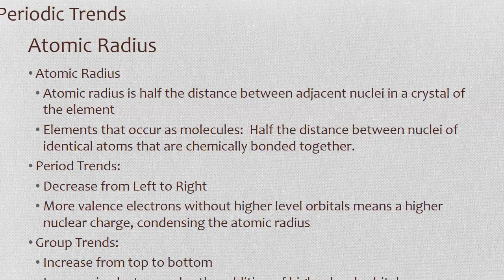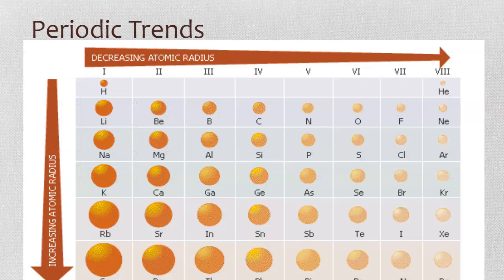From top to bottom, they get bigger simply because there are more electrons as you go down the periodic table. Therefore, the radius is going to be bigger because there's more of it. So it decreases left to right, and it increases top to bottom.